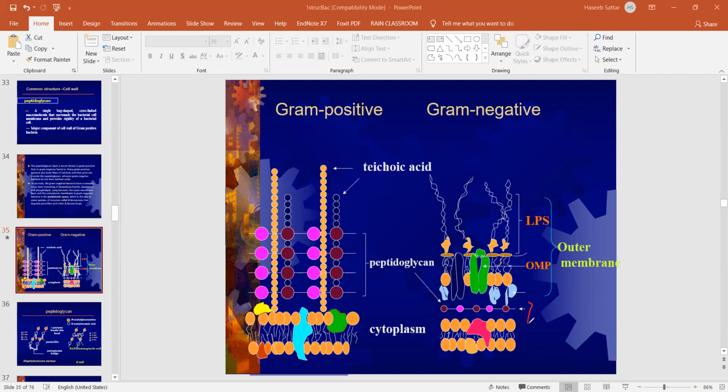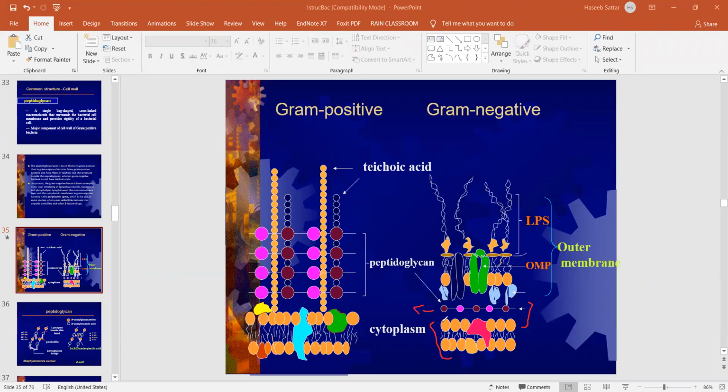And the most clinically important thing is the space present between the cell wall and the inner membrane, also called the plasma membrane or cytoplasmic membrane.